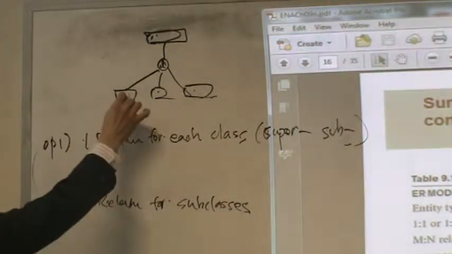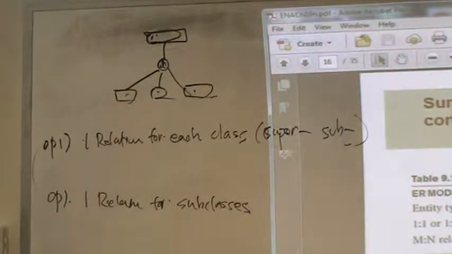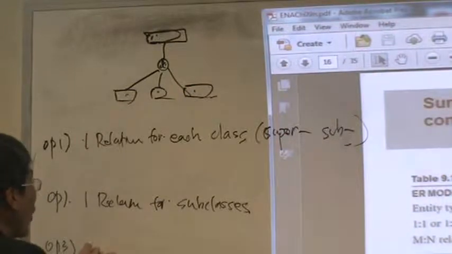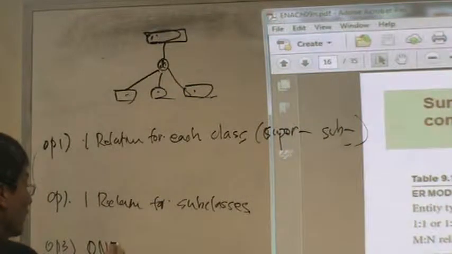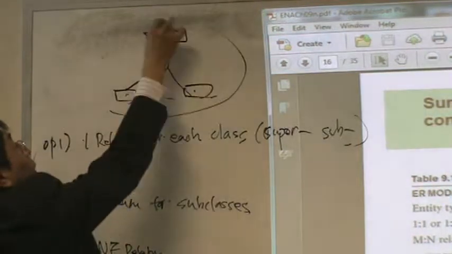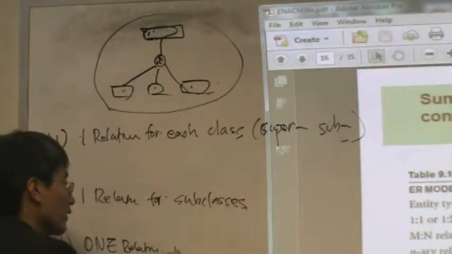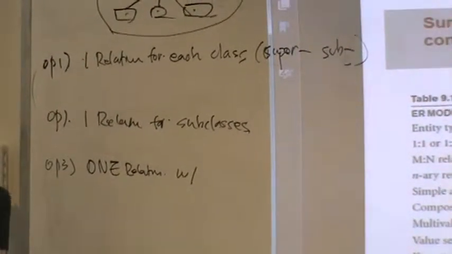In this case, how many? 1, 2, 3. 3 tables will be created. I will show you the example. Option 3 is only one relation for all of this, but with a type.